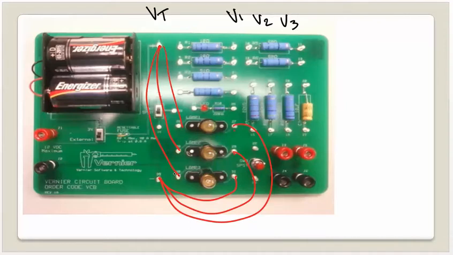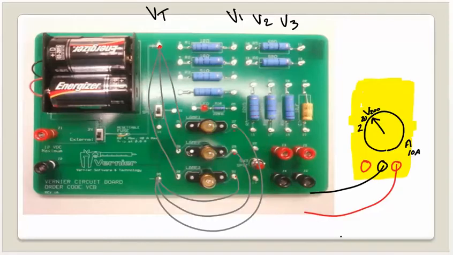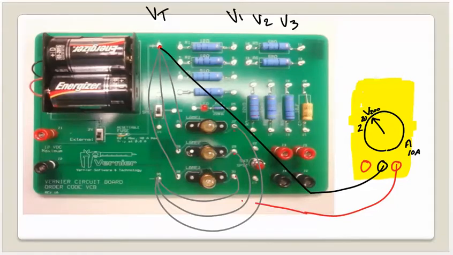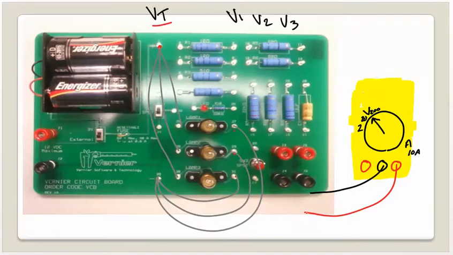So we've talked about voltage. Okay, again now, if I wanted to measure VT, I've kind of drawn a picture here, and now we can kind of extend this. I would go there, and there. That would be for VT. If I wanted to do any one of the individual voltages, light bulbs, I would go across the light bulb.